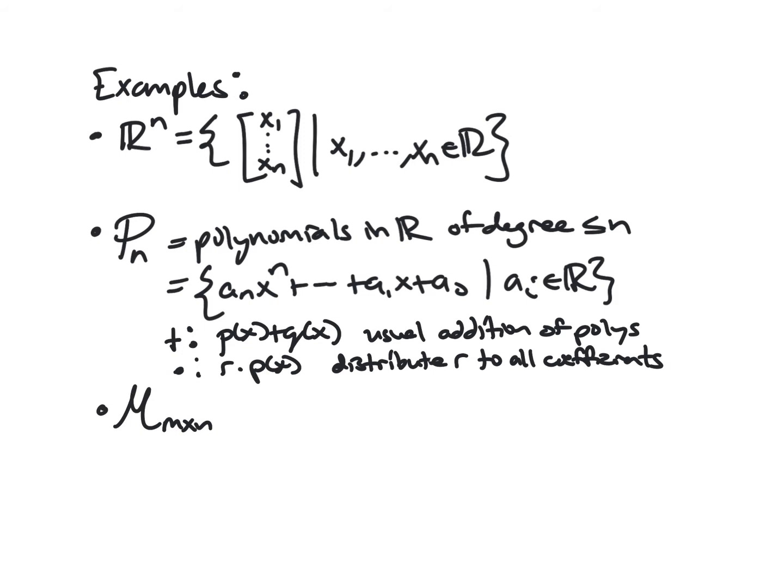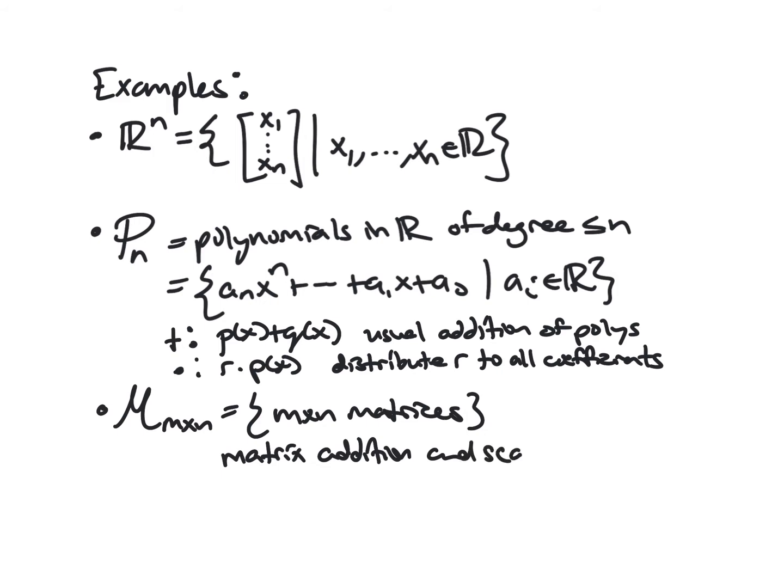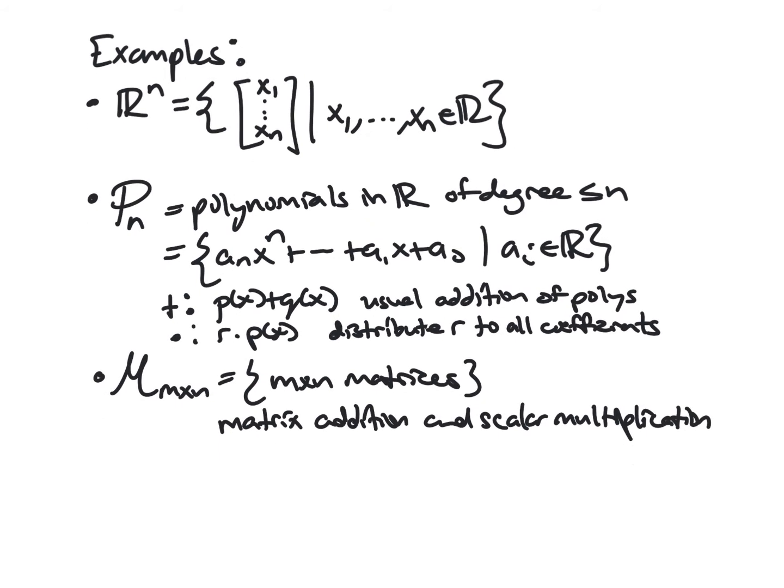So the next example is this script M sub m by n. These are the set of m by n matrices, under matrix addition and scalar multiplication. I will show this through just a couple examples, and we'll talk about this a bit more later when we talk about matrix algebra, but let's do it for 2 by 2.